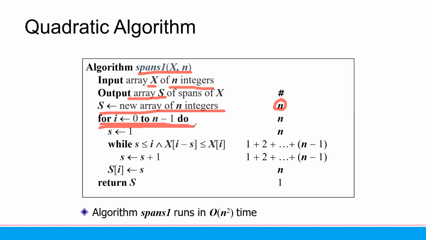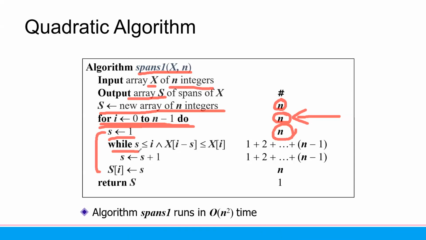The for loop runs from 0 until n minus 1, so the worst case will be n. S equals 1, also n, because the worst case for the loop is n. So all the operations here will be n.